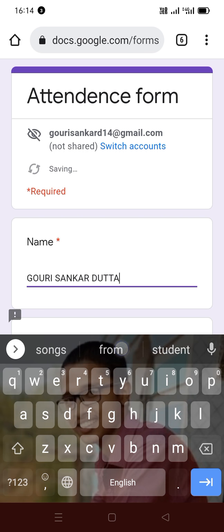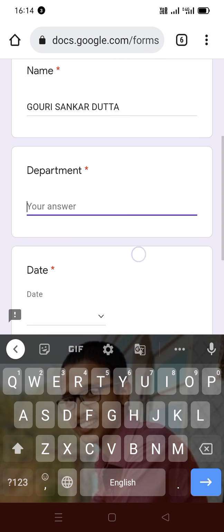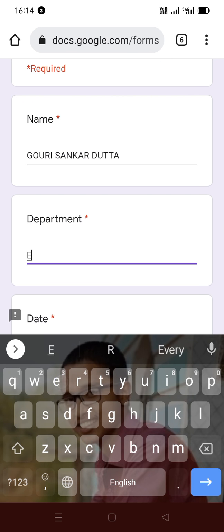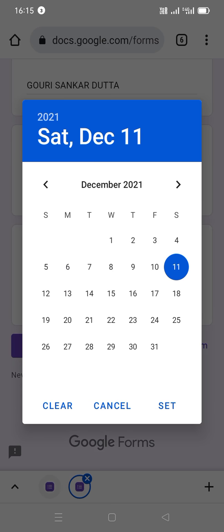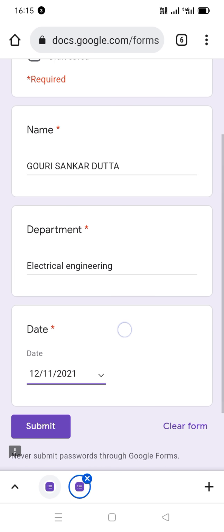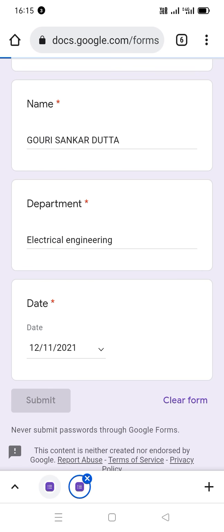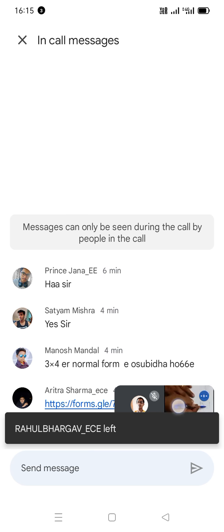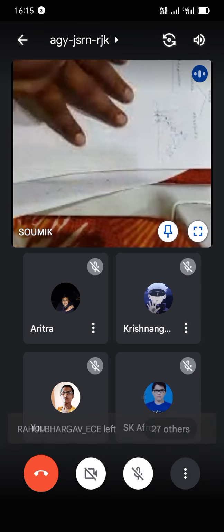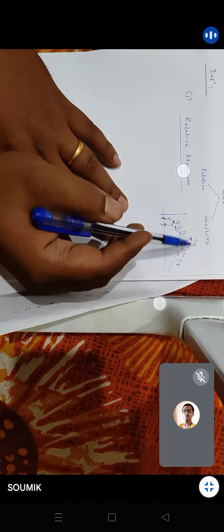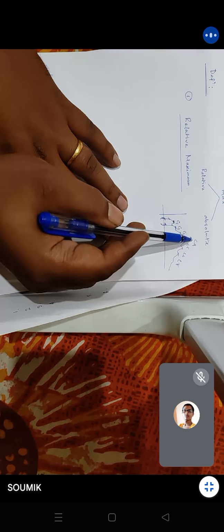So this C1 is a maximum point, the peak of a mountain among neighboring mountains. So C1 is maximum in a neighborhood, so C1 is relative maximum, or C2 or C3. These are the relative maximum points, but C4 is absolute maximum, because C4 is the highest peak of the function.